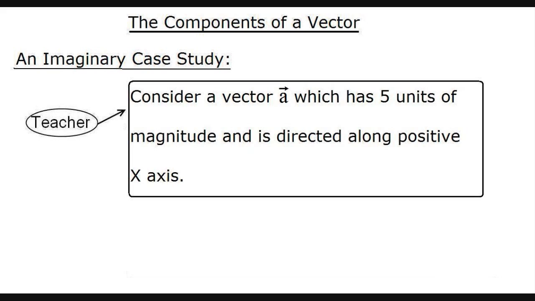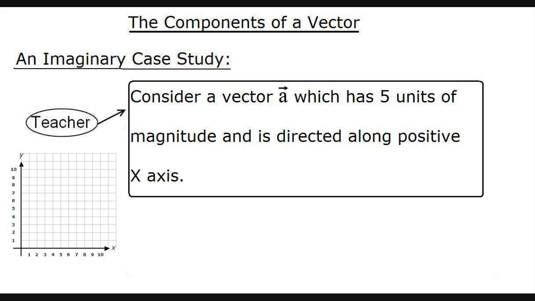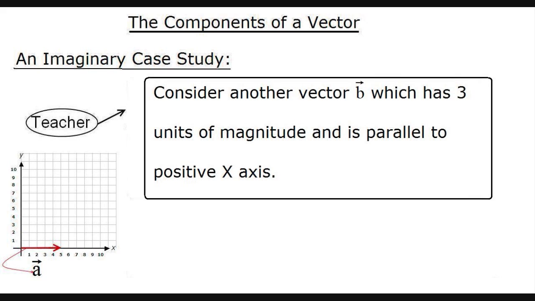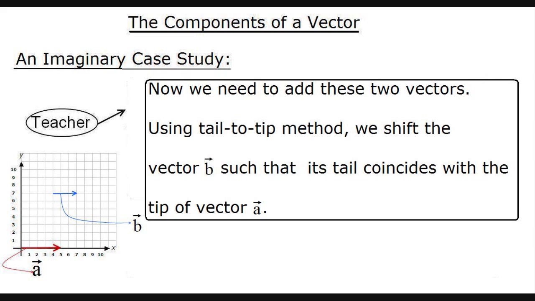Consider a vector a bar, which has 5 units of magnitude and is directed along the positive x-axis. Consider another vector b bar, which has 3 units of magnitude and is parallel to the positive x-axis. Now we need to add these 2 vectors.